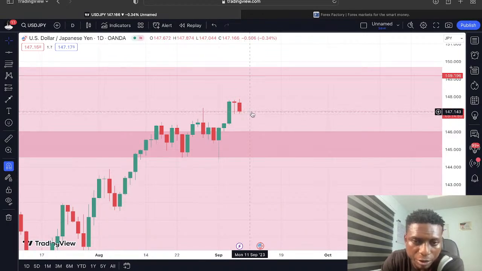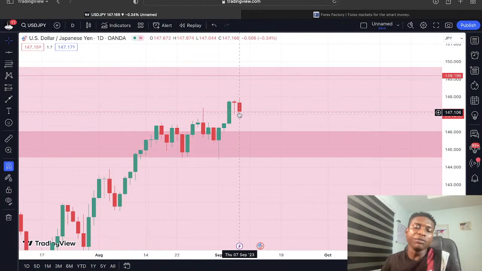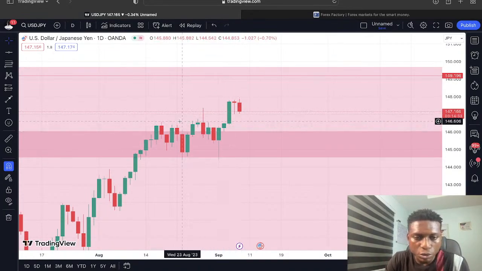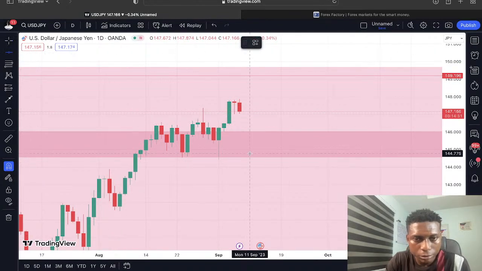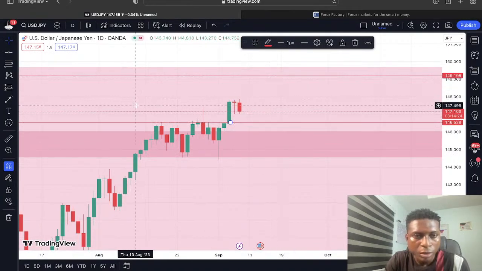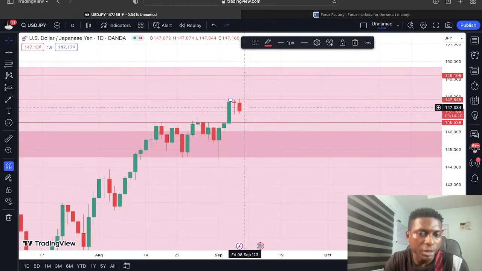Having seen price pressure downward now, it's in two different ways. It's either price wants to come here before going back up, or price goes back up from here.